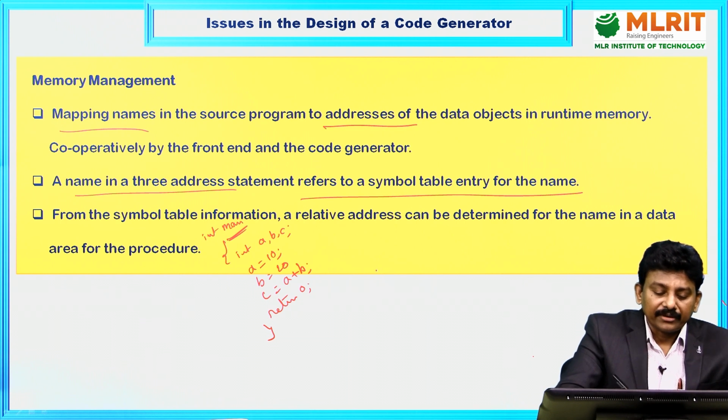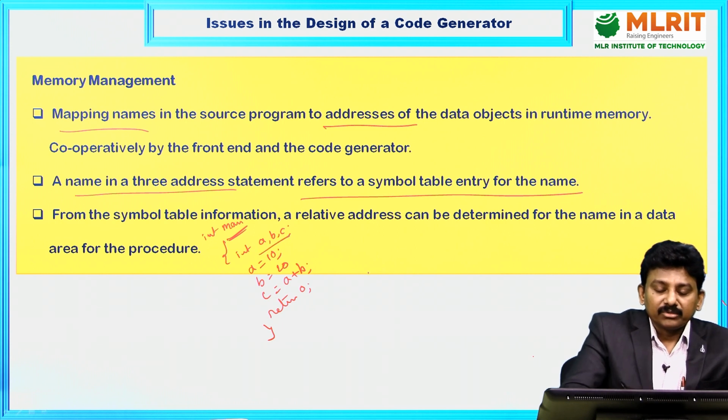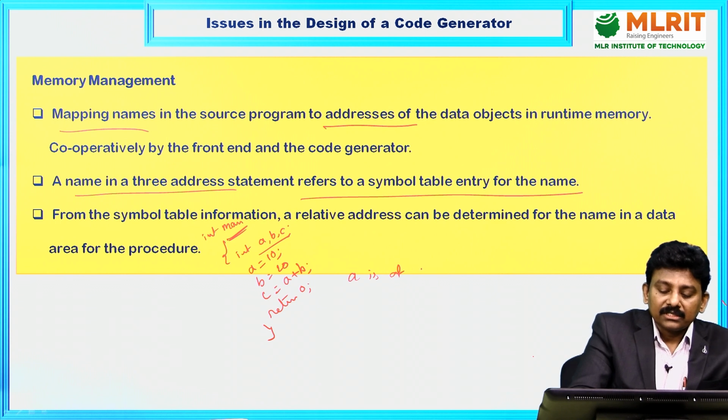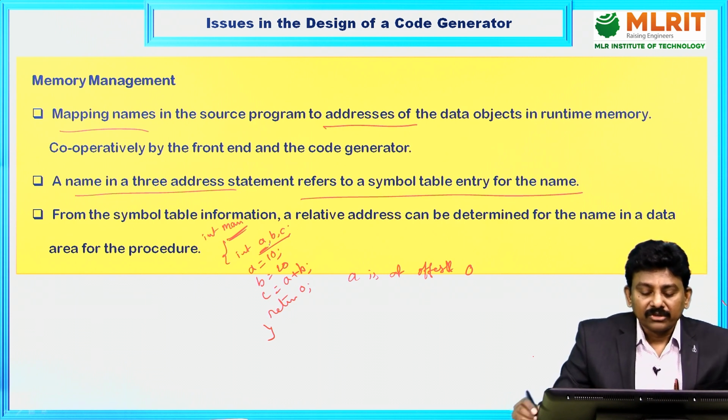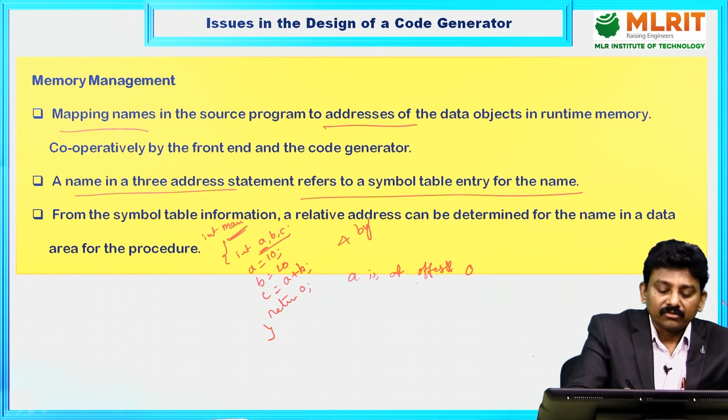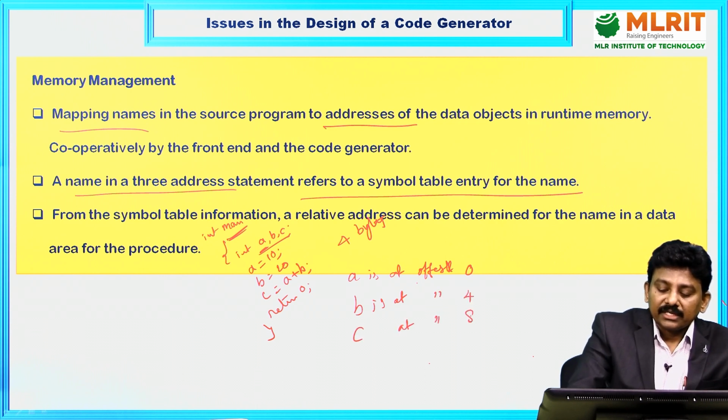In the stack frame, a relative address or offset will be calculated for the names A, B, C. A is at offset 0, because A, B, C are integer variables. Each integer variable needs 4 bytes of memory. So B is at offset 4 and C is at offset 8.